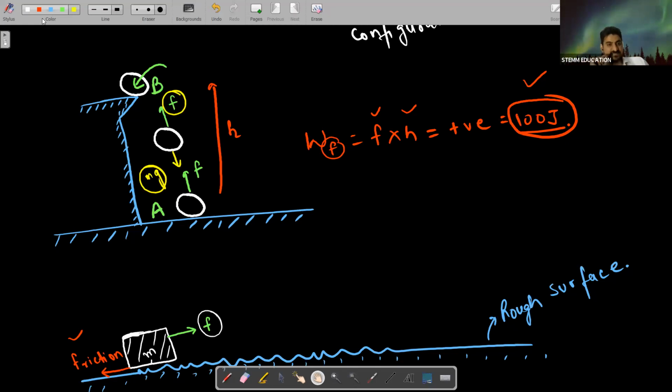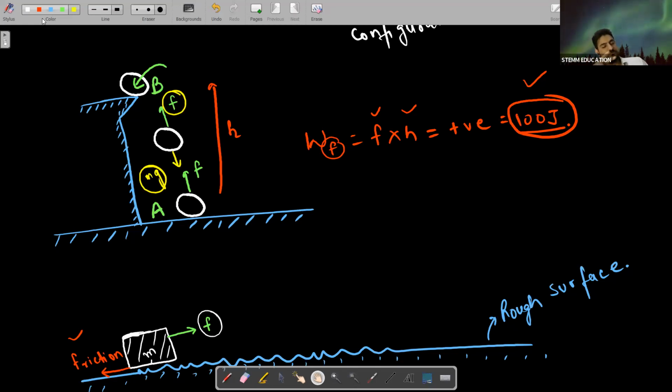But there is a basic difference between the gravitational force and the friction force. While the gravitational force tries to stop the ball from going upwards, it doesn't create any heat. The body, while it moves upwards, doesn't become hot.